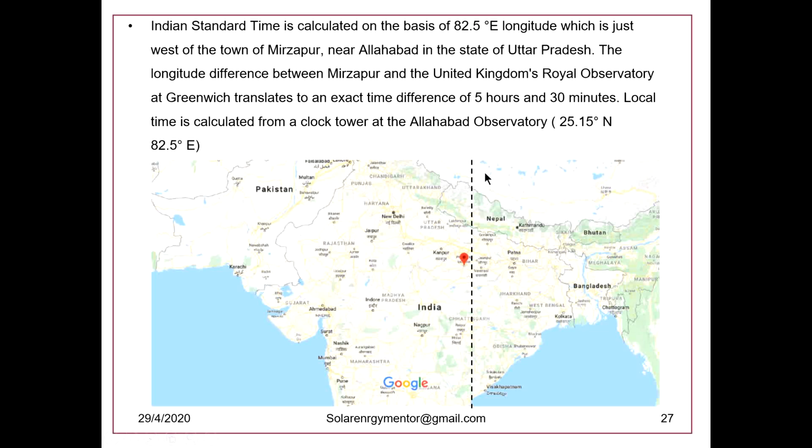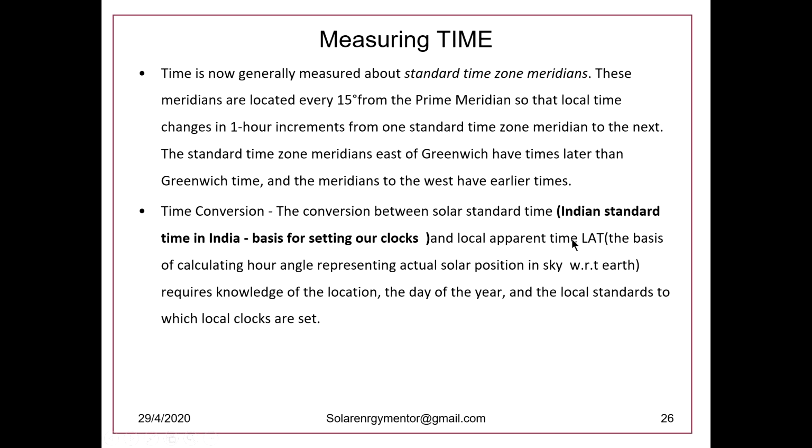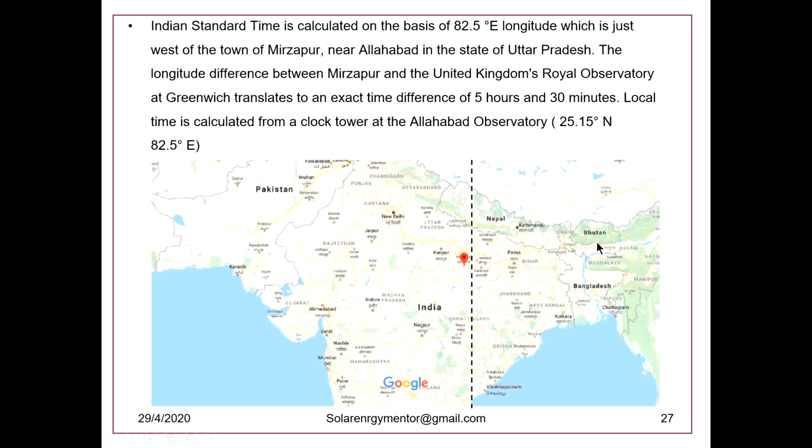What does this standard time mean for India? Indian standard time means local apparent time, as we have discussed here. There is a standard time and apparent time. So when I say Indian standard time is set at 82.5 east longitude, it means the local apparent time and standard time are the same at this longitude.